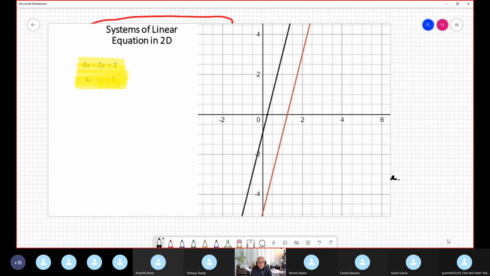This is the same system, but these are two parallel lines. And two parallel lines never have a common point, therefore no solution. So the interpretation in two dimensions, each equation represents a line. Entonces now, no solution is because these lines never meet, never cross, never touch. We have no common point, so we have no solution.